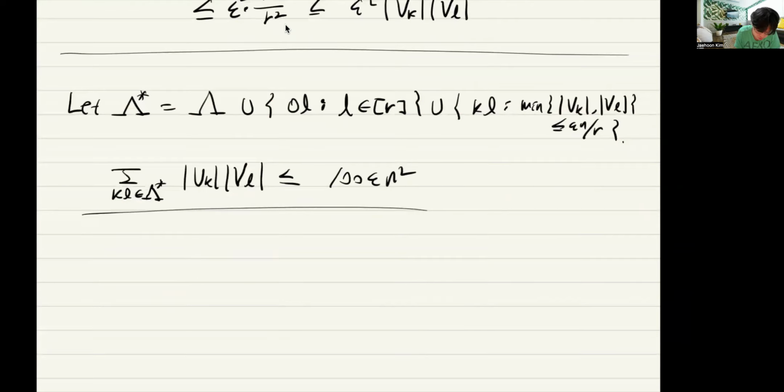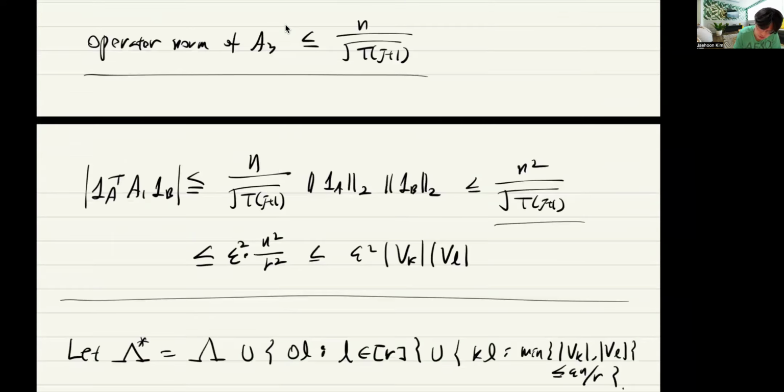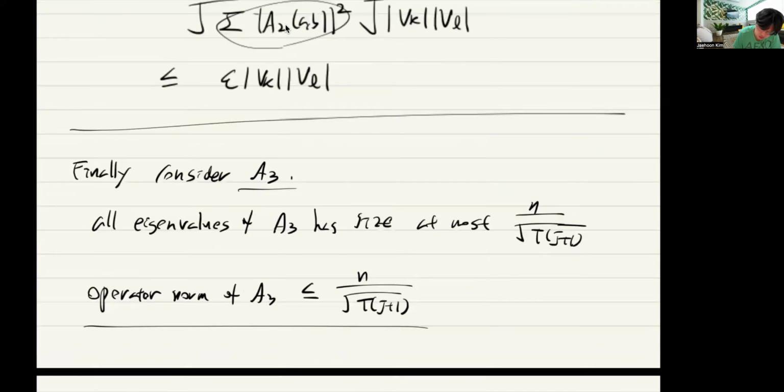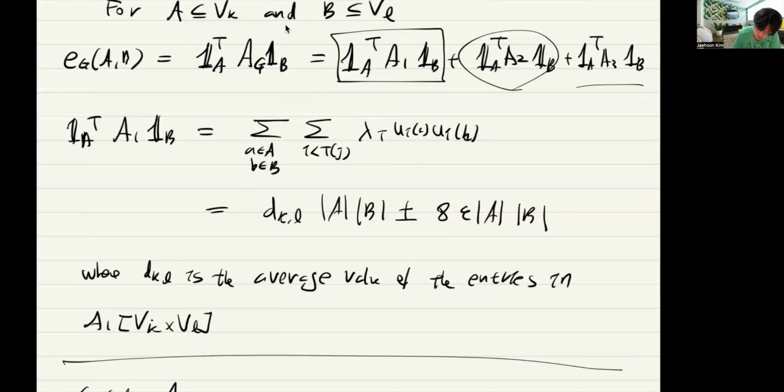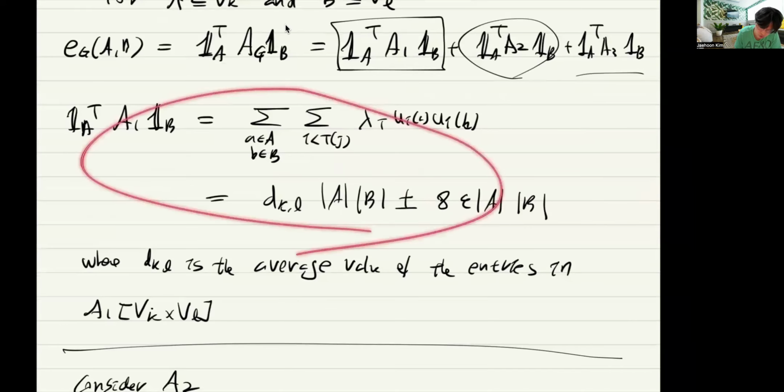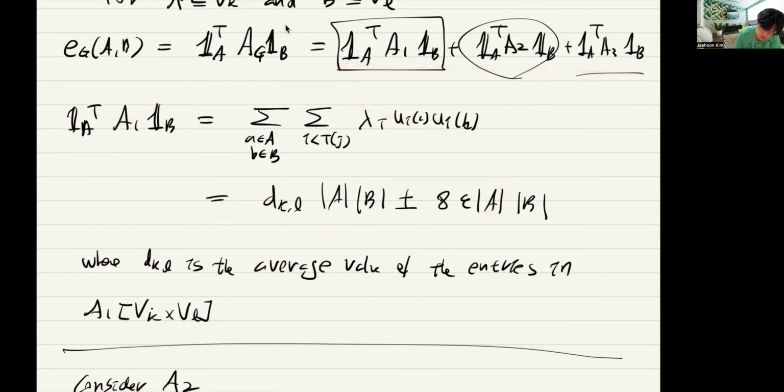And for the rest of them, for KL not in this capital lambda star, this inequality, as well as this inequality, as well as this inequality, all hold. So we know the values.